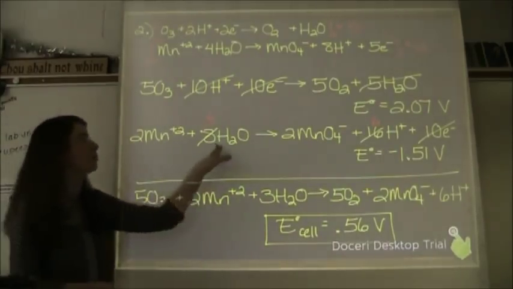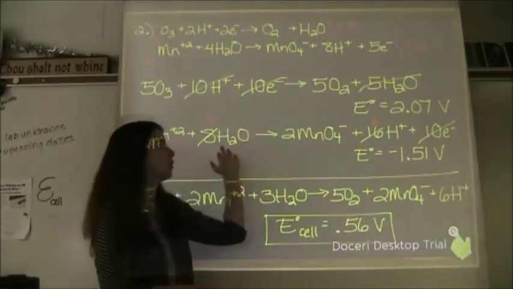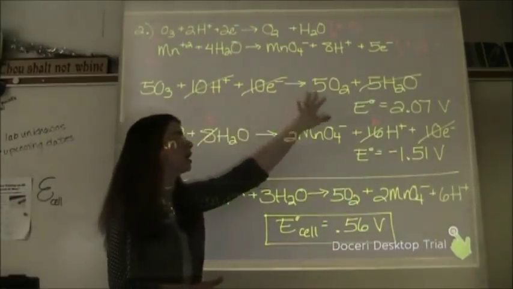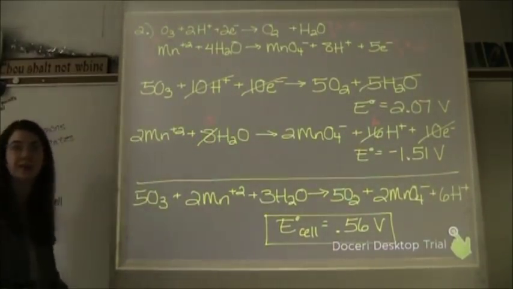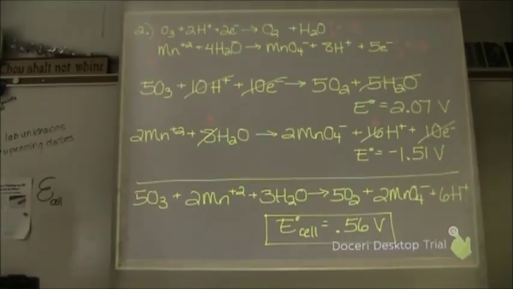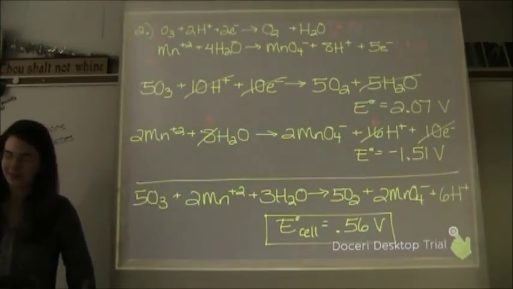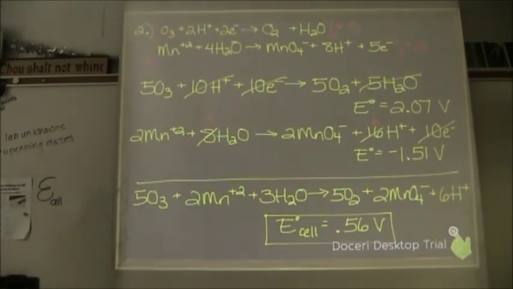In this case, we were able to get rid of some of the water and some of the H+ ions. You can do that. If you can cancel things out, do it. It doesn't change the number at all. All right, I'm going to stop there.